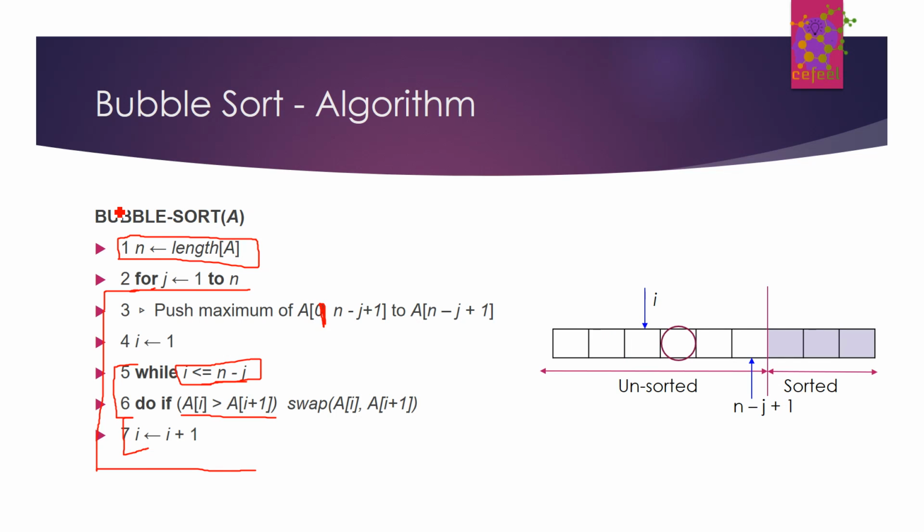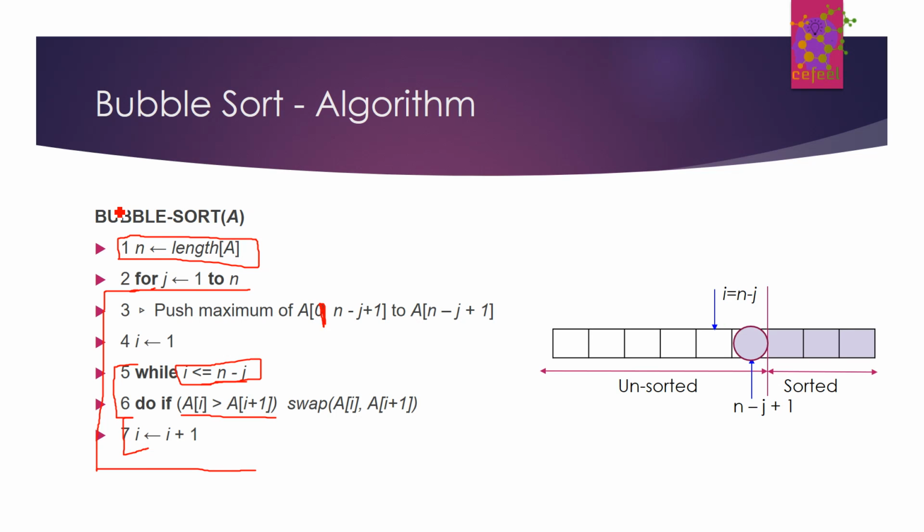So in this case we have fast forwarded, and i keeps moving forward, and the maximum element gets pushed till we reach the last value of our iteration, that is when i reaches n minus j. So in this case our maximum element of the entire unsorted array comes and remains at n minus j plus 1, and once we reach there, we increment j.